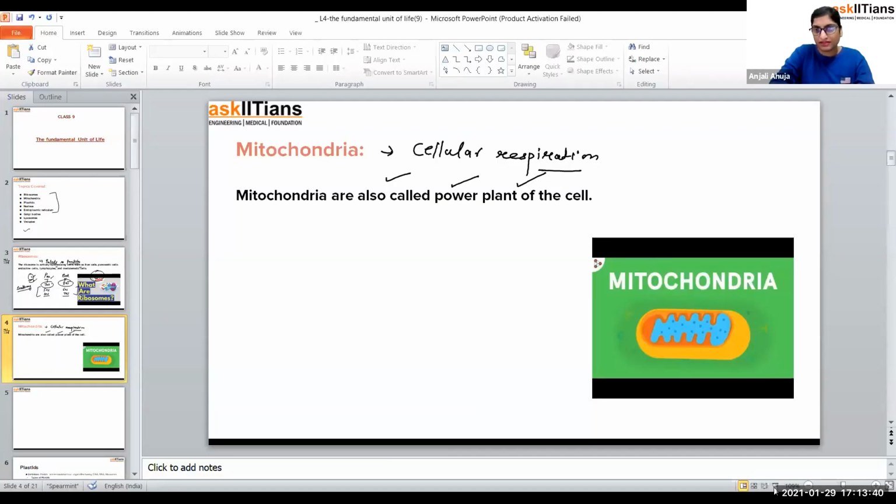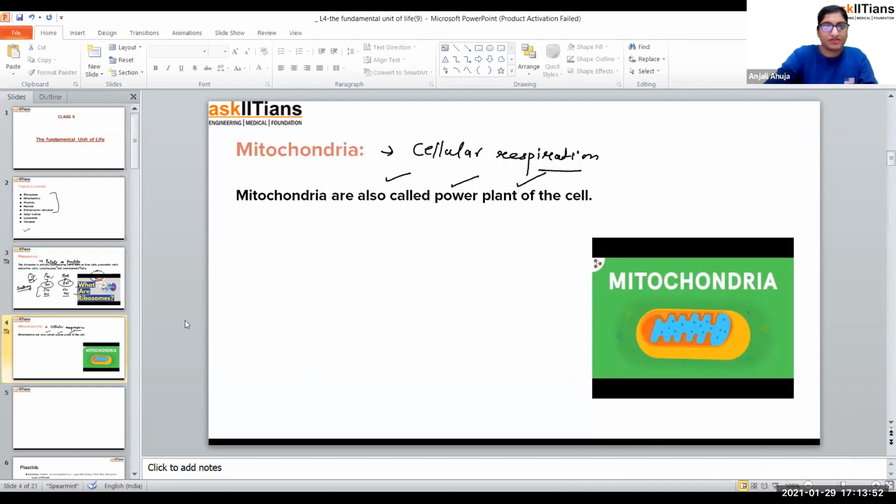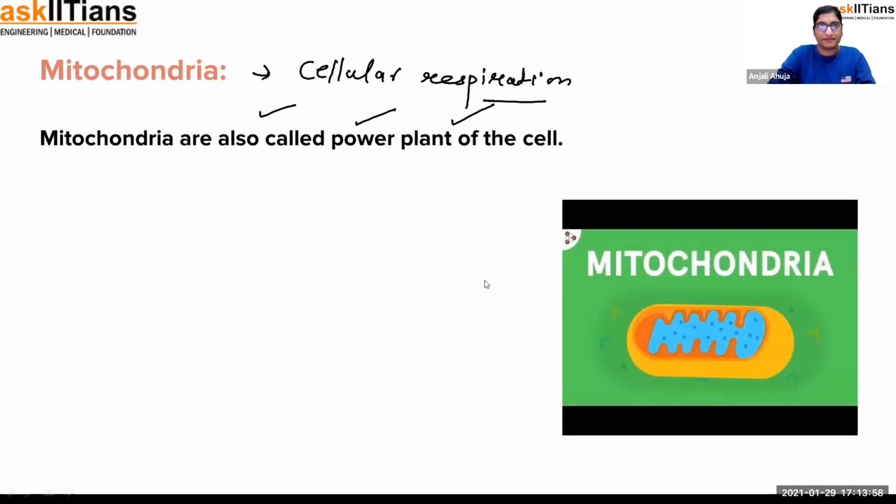I'm stopping the screen share. Now you can see it. Forget the system issue. I have it on now. Sorry for taking a few seconds.